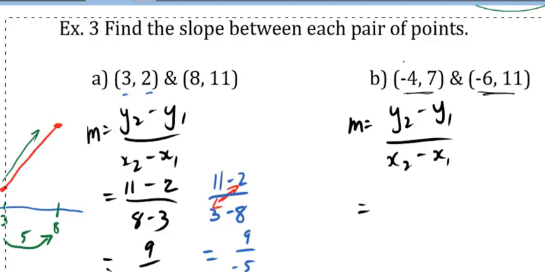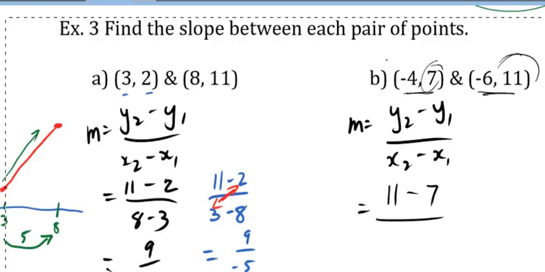So if I think of the y2 as the second point, I want the y value of the second point, which is 11, minus the y value of the first point, which is 7. That's the rise. We started with the rise. The change in the y's is the rise.